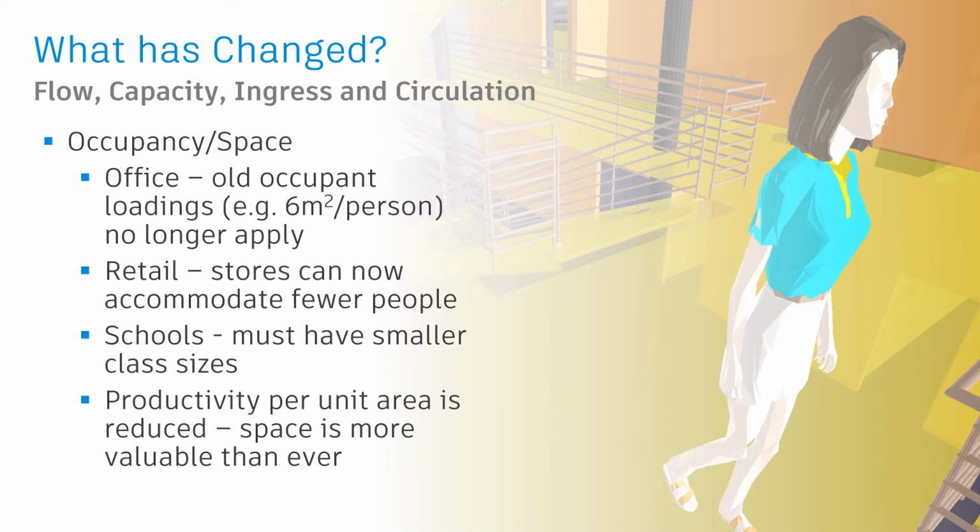In retail, stores can now accommodate fewer people. Schools may have to have smaller class sizes, and also the productivity per unit area is now reduced. So space has now become more valuable than ever.